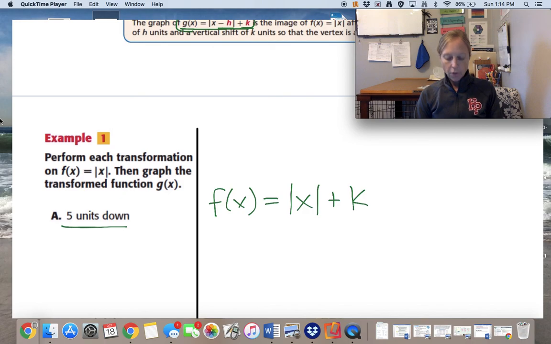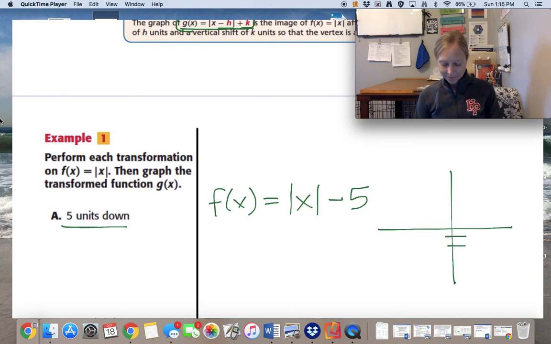So if I want to go 5 units down, I need to now subtract 5 at the end of my function. I can graph this in Desmos or my graphing calculator to double check my answer, but I know I did this correctly. So I'm just going to go ahead and sketch my graph that's down 5 and then show my absolute value graph from there.